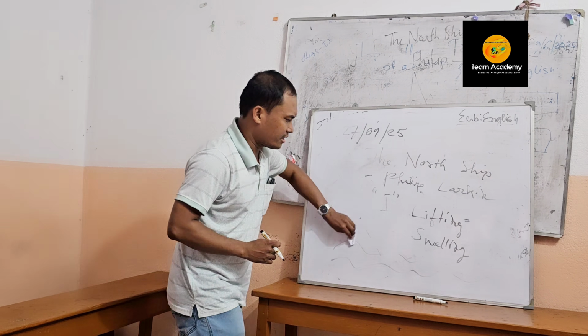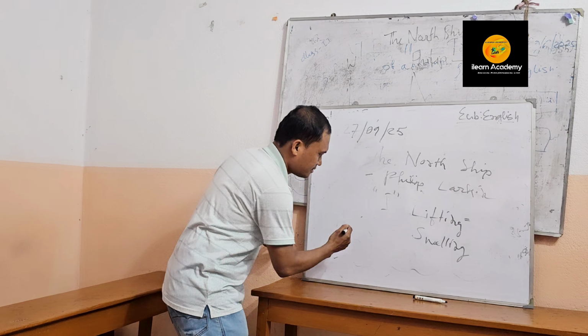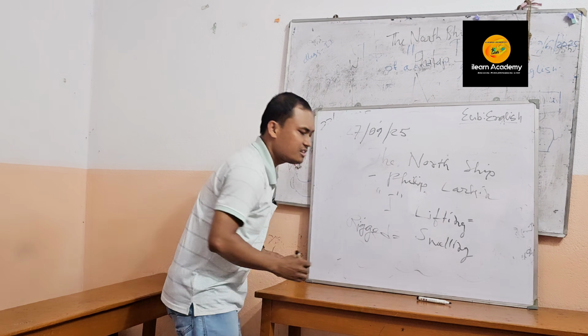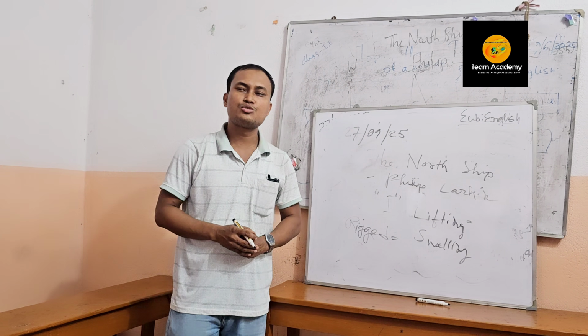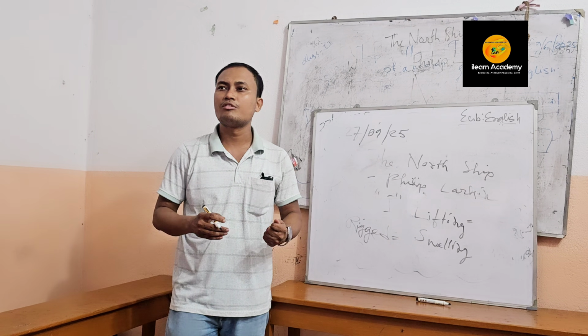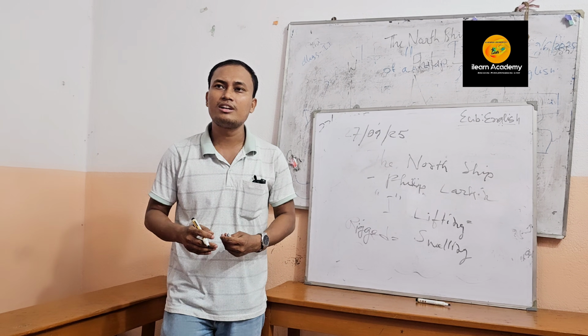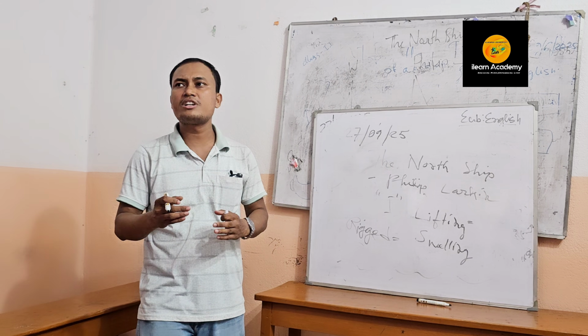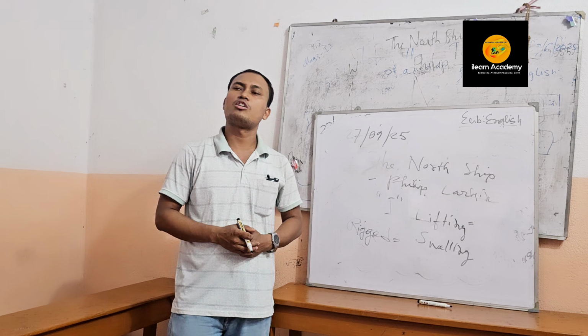Here we get a word, rigged. What does it mean? Rigged means to equip a ship for a long journey. That means it is ready with all its equipment to make a long journey.